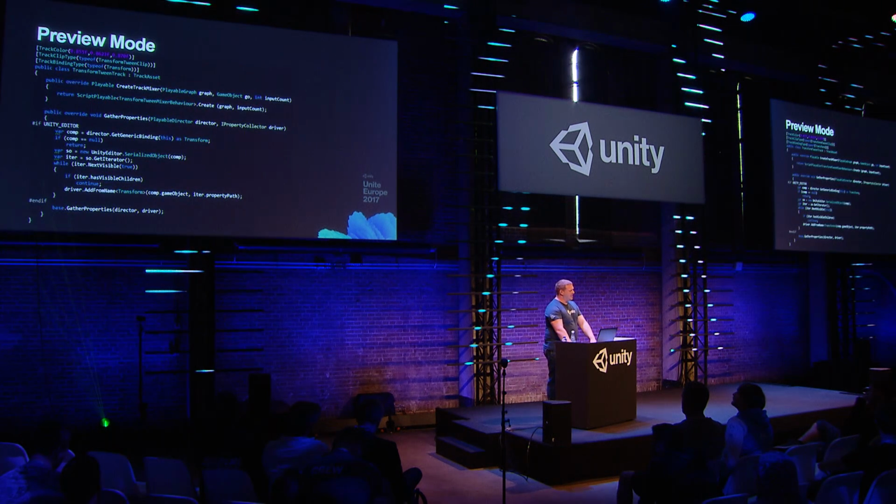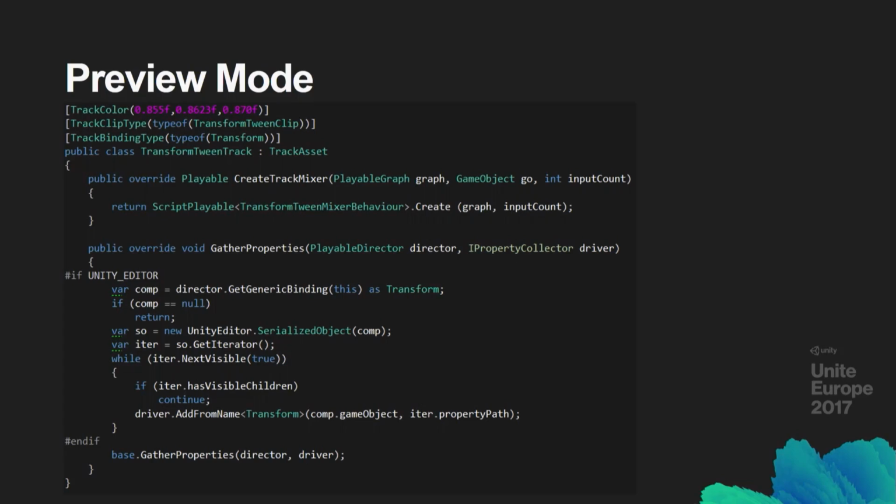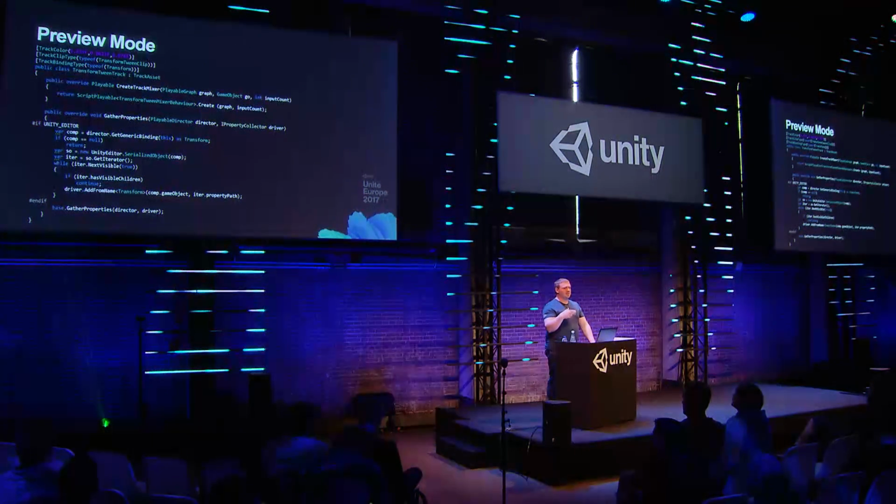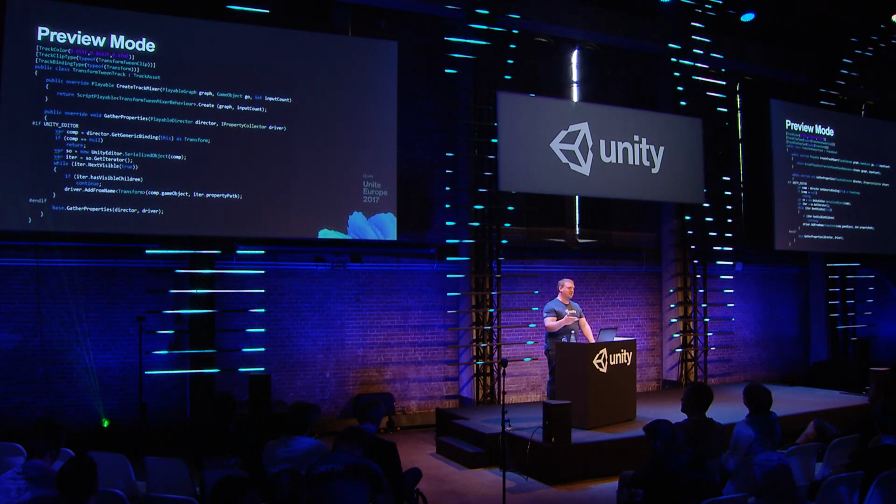So that was the complicated-looking function in the track. And again, this is not something that I'm really going to go into much, because it's exactly the same for pretty much whatever you want to do. All this is doing is creating a serialized object for your component, or whatever you're affecting, and iterating through all of the properties on that component, or the serialized properties, I should say.